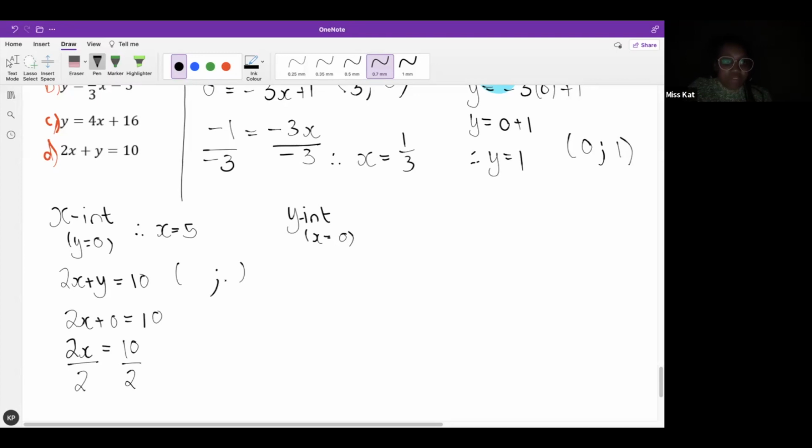Which one am I writing first, the 5 or the 0? 5. There we go, Slindile. This is beautiful. Did you do your y-intercept as well? No, ma'am. Okay, thank you. Slindile has beautifully done the x-intercept for us.